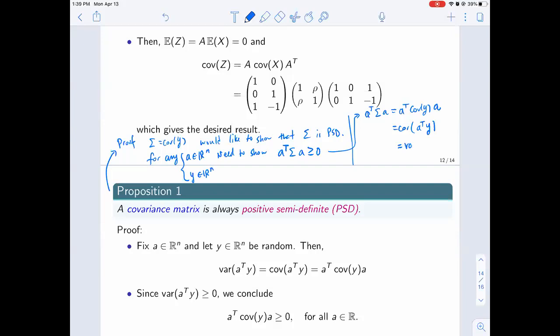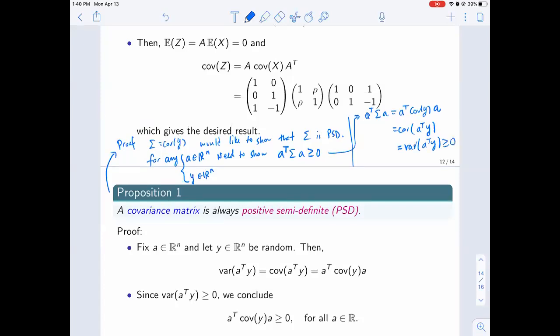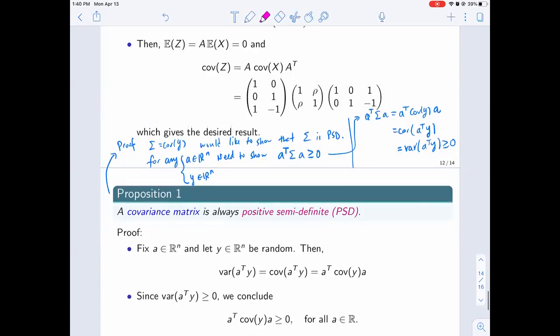Yes, so this would be the variance of A transpose Y. Can the variance be negative? No. So this variance is always non-negative, and this proves that A transpose sigma A is non-negative. We have proven that this quantity, which is equivalent to the variance of A transpose Y, is always non-negative. So this proves that sigma is positive semi-definite.